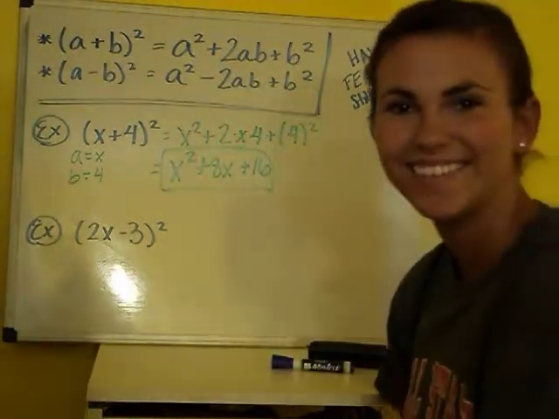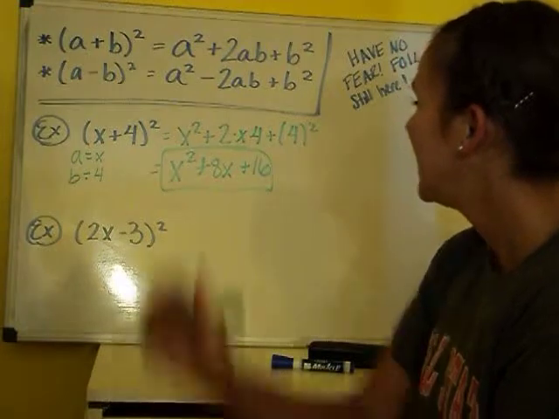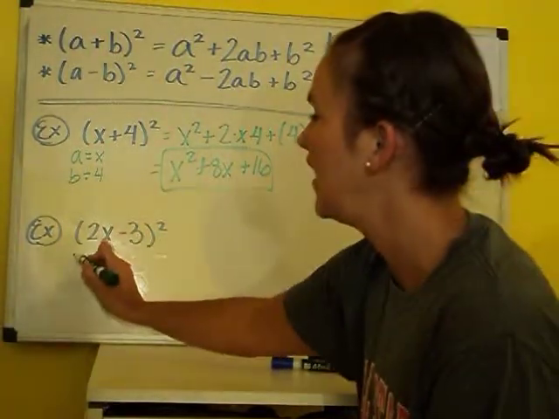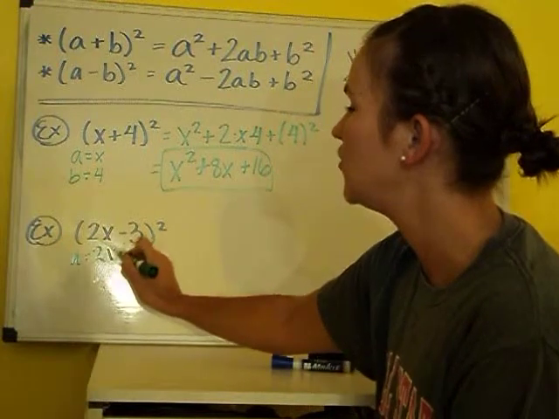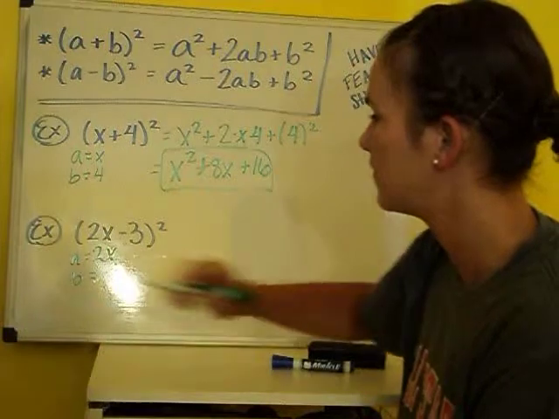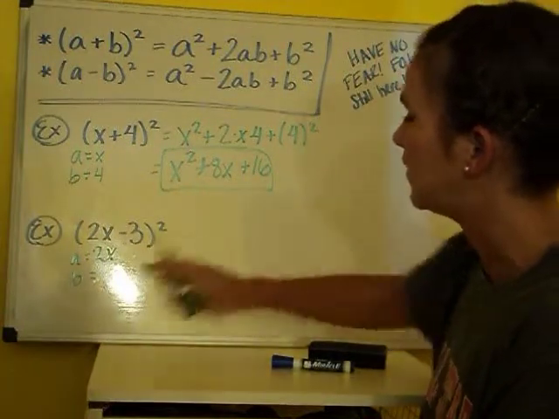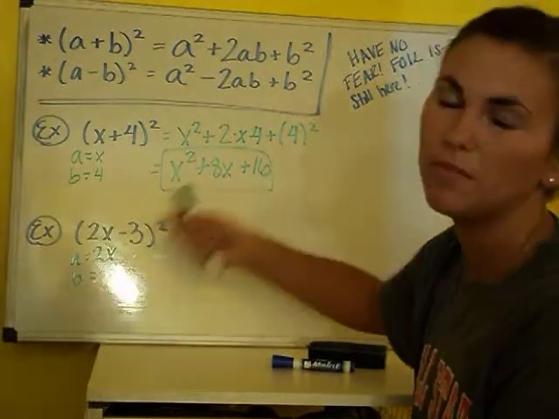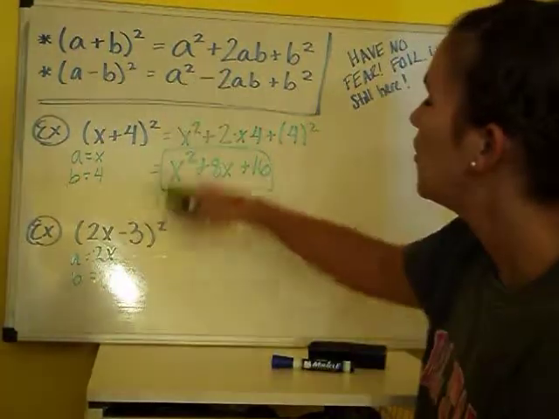If we have 2x minus 3 squared, our a is going to be 2x, and our b is going to be a negative 3. This is why we get the negative sign, because our b is technically a negative number.